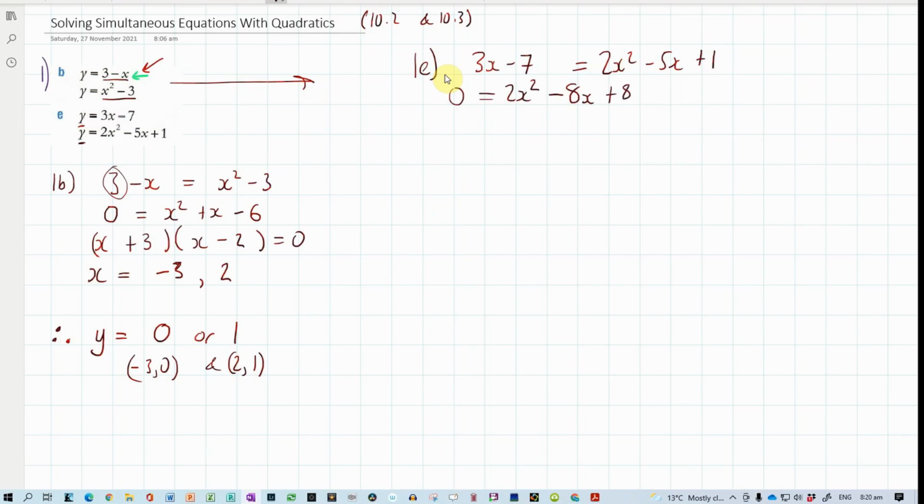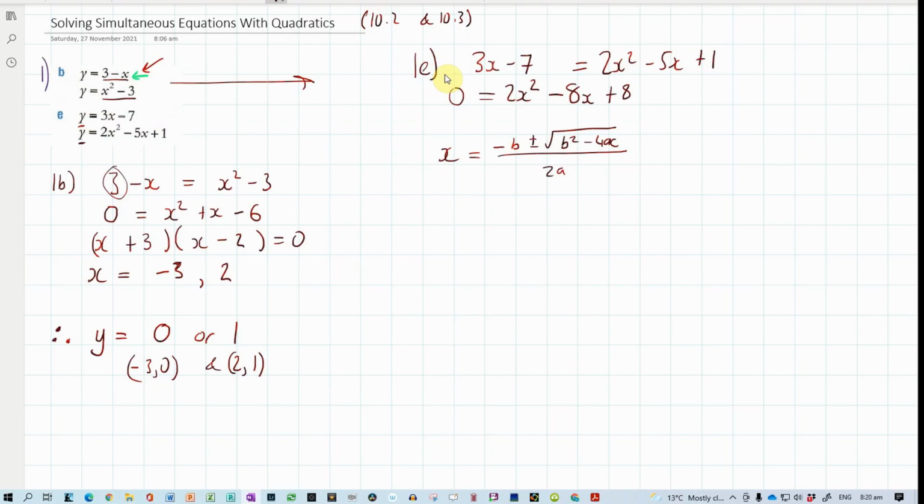Now you can factorize this, but if you are unable to factorize, don't forget that there is the quadratic formula that you can use. Remember, I'll write it down for you. x equals minus b plus or minus the square root of b squared minus 4ac all over 2a.